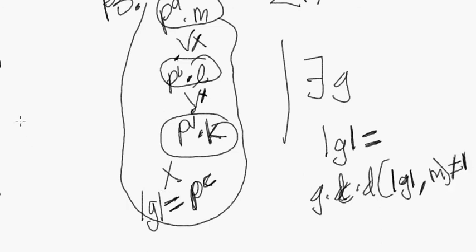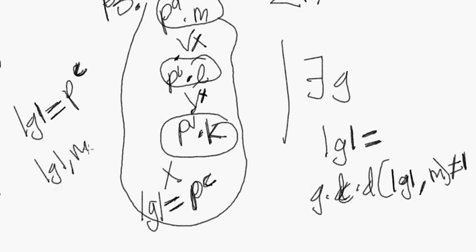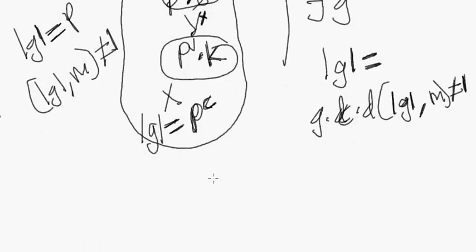Because if we find any element of order p to the c, haven't we just contradicted the fact that the GCD of the order of G and m cannot equal 1? So if that's the case, then doesn't that mean that we are guaranteed at least one element such that the GCD of the order of that element and m actually equals 1?